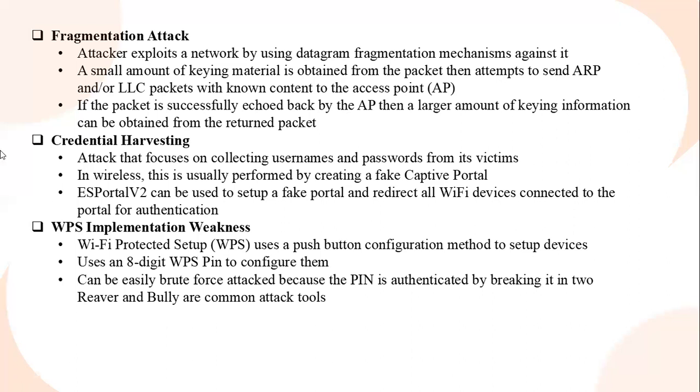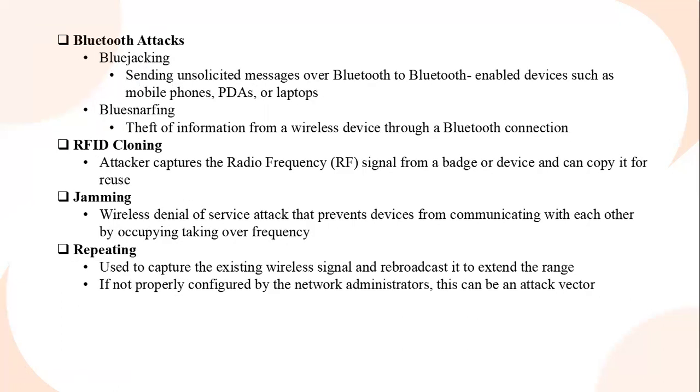So the next one is WPS implementation weaknesses. If you don't implement a strong Wi-Fi protection strategy, it will be very easy to use some techniques to actually attack your IT infrastructure.